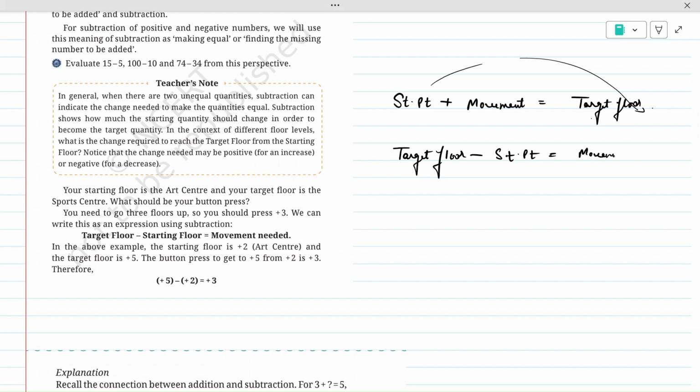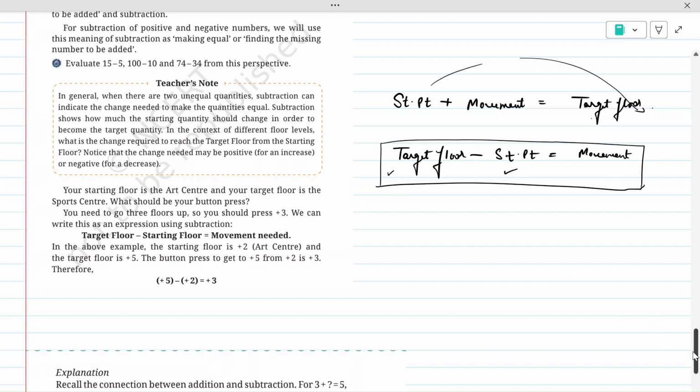This is simple subtraction. If I know my starting point, from where I am going, and my end point, where I have reached, I can always subtract them to find out how much I have moved. So this is a simple mathematical expression, and using it we will do the questions.